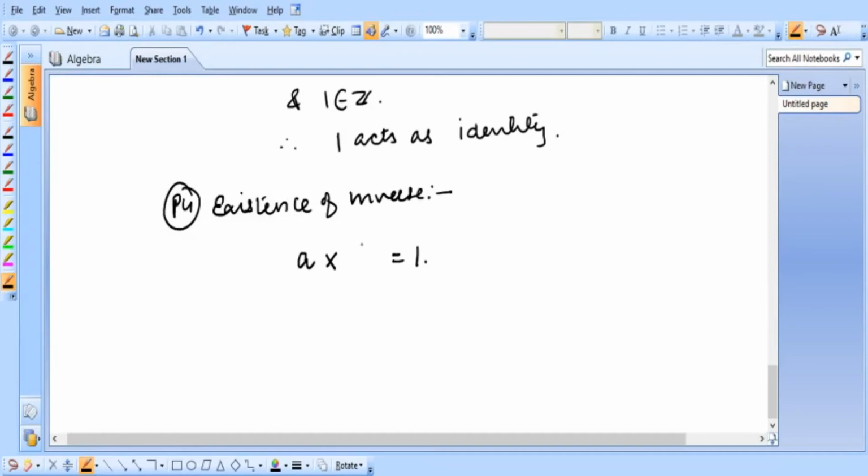Yes, we do have such a number, and that number is 1 upon a, provided a is not equal to 0. But you see, is this number an integer?